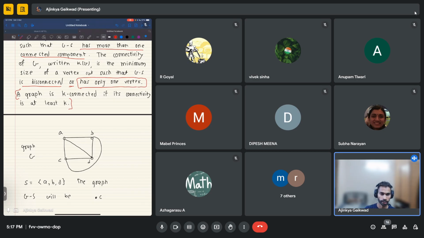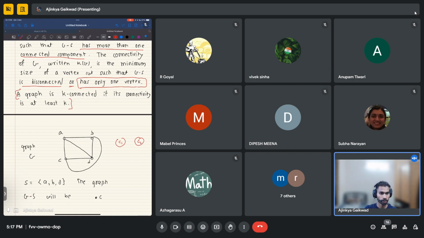So a vertex cut is something that disconnects the graph, right? So if I take a graph G and I delete a few vertices, what do I mean when I say G minus S is disconnected? That means there are at least two connected components, right? So let's say there is a component 1 and component 2.